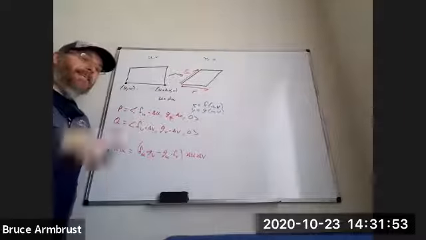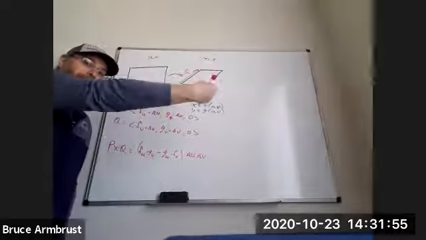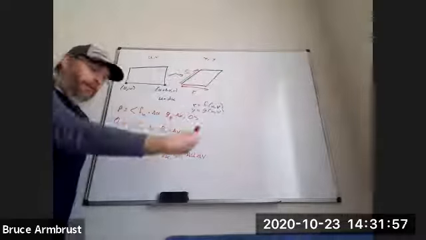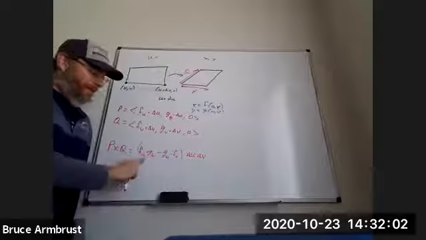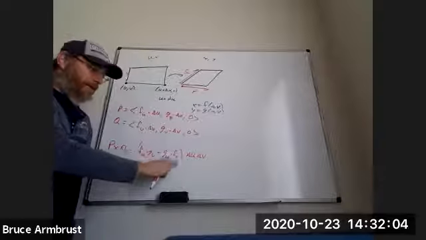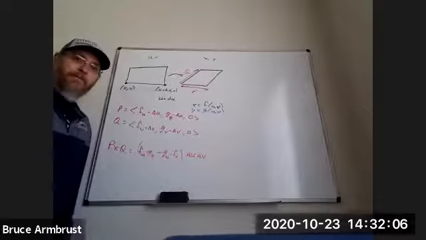We did dx du, dx dv, dy du, dy dv. When you do that determinant, there's the positive bit and there's the negative bit.